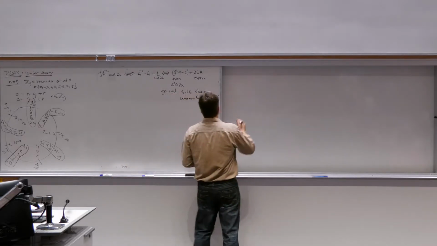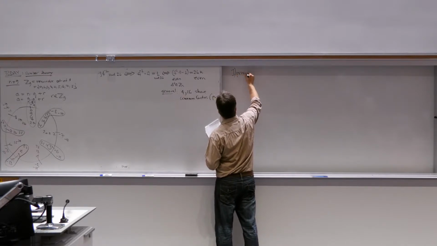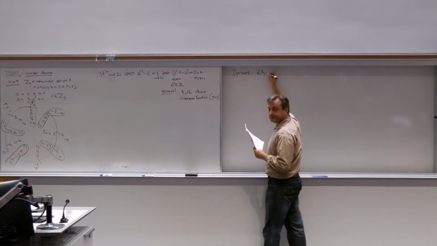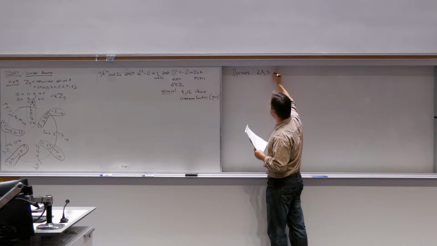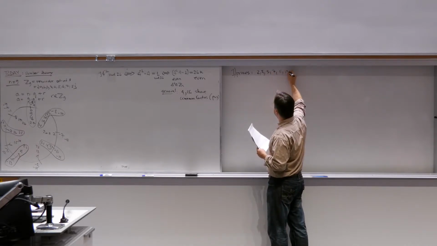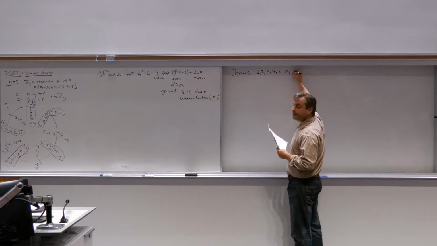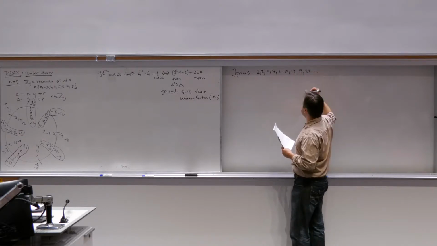So the first thing we do is primes. We know the set of prime numbers, right? 2, 3, 5. What's the next one? 17, 19, 23, and so on and so forth.